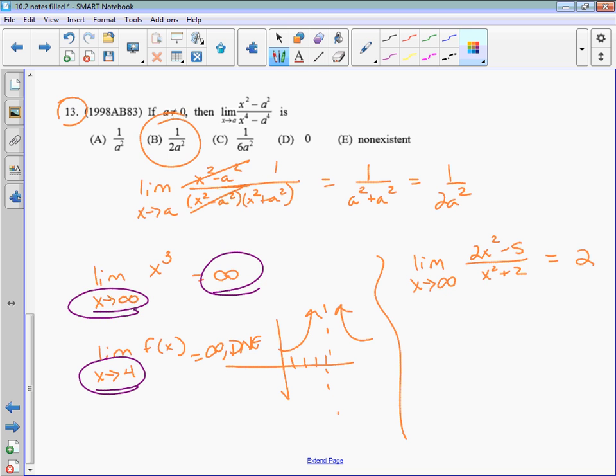That's how rational functions and limits go together. You look at top heavy, bottom heavy, equal. They're equal, so you just divide leading coefficients, because if you were graphing this, you'd know you have a horizontal asymptote here. That means your graph is approaching that asymptote as you go to infinity. Okay?